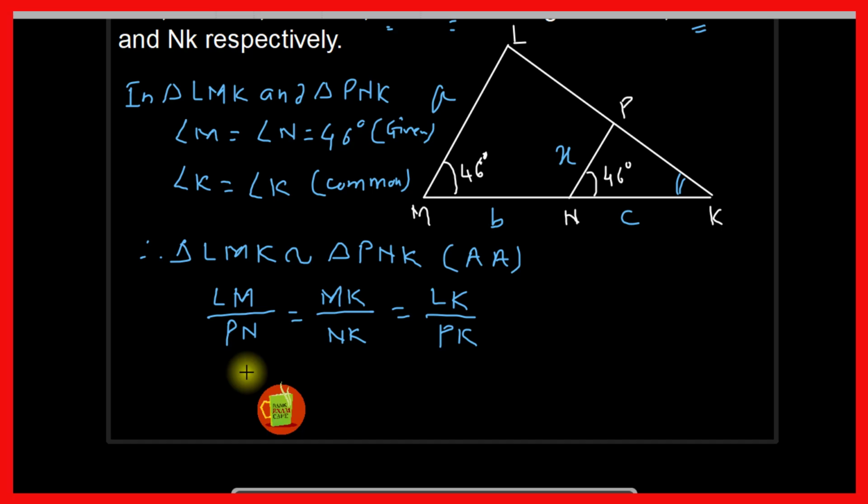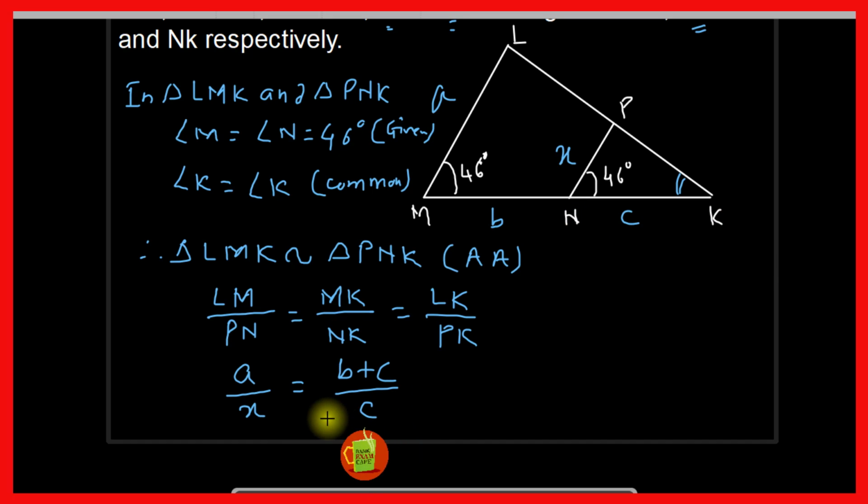LM is a, so a upon PN, that is x, is equal to MK, that will be b plus c, so b plus c upon NK, NK is c.